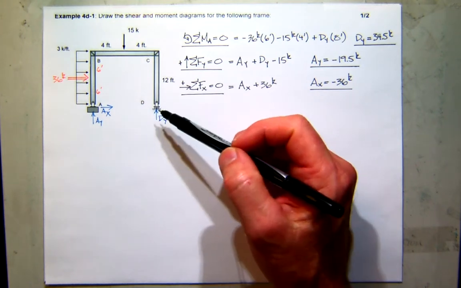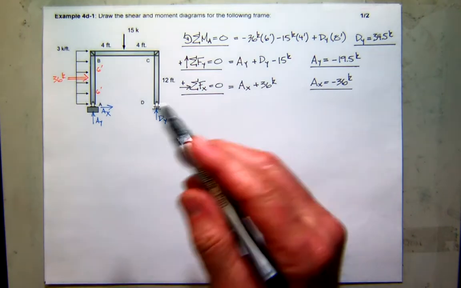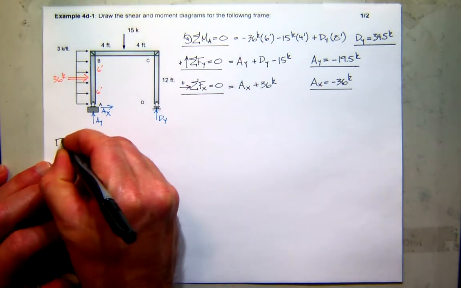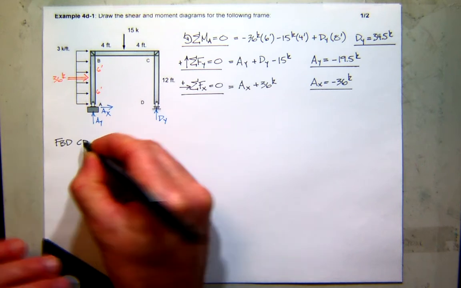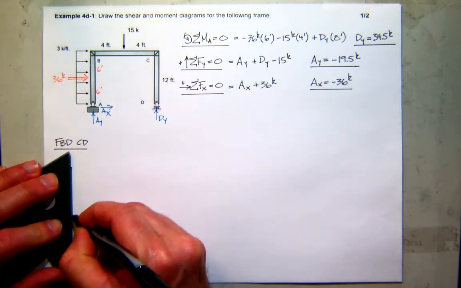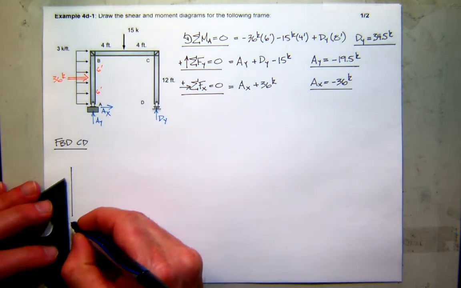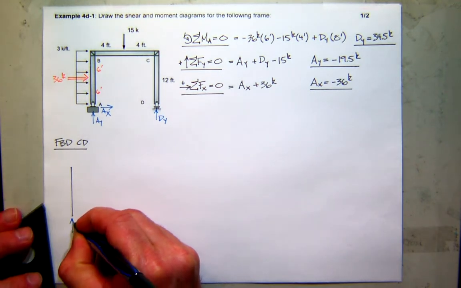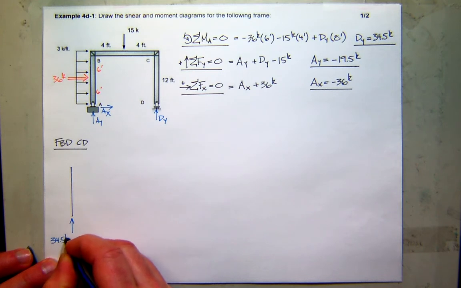So I'm going to start with that kind of strategy. I'm going to start with CD since that's the simplest one to do. So I'm going to come down here and say I've got a free body diagram from C to D. And I'm going to draw that body. There it is. And I'm going to put my Dy reaction on it, which was 34.5 kips.